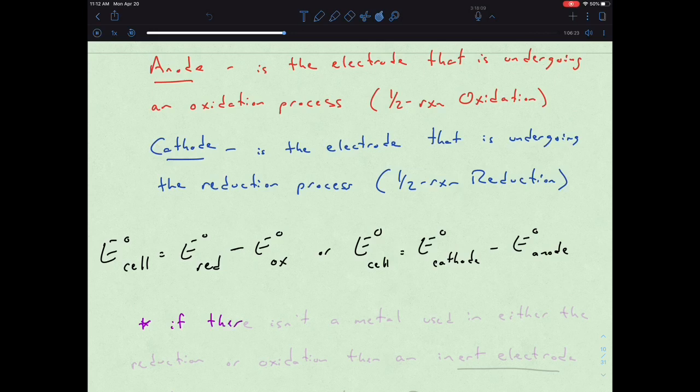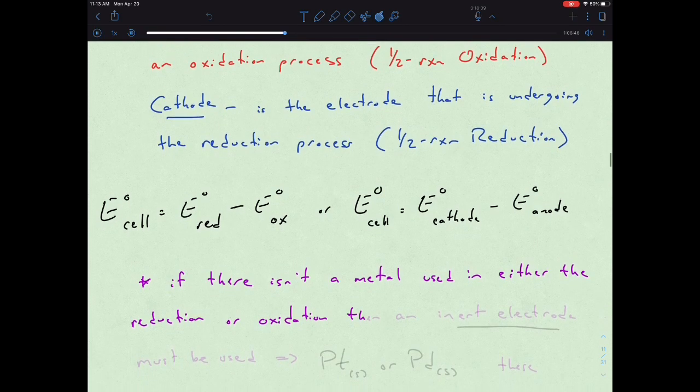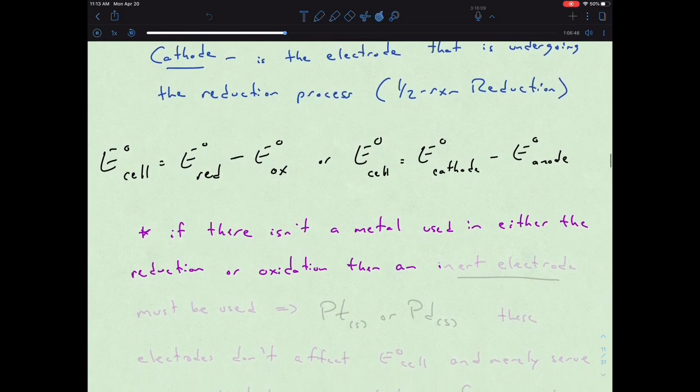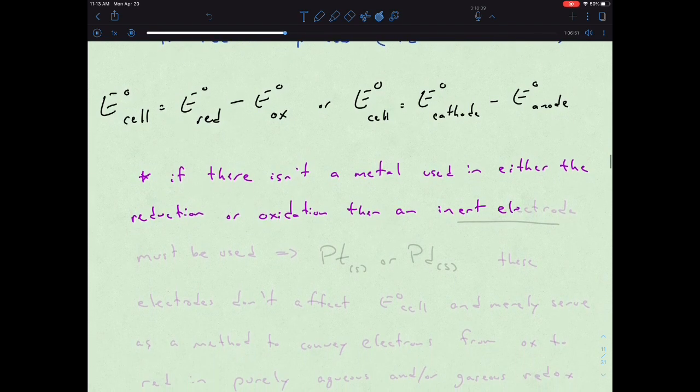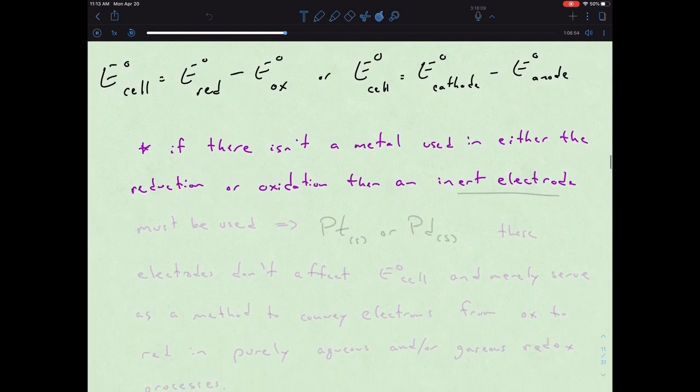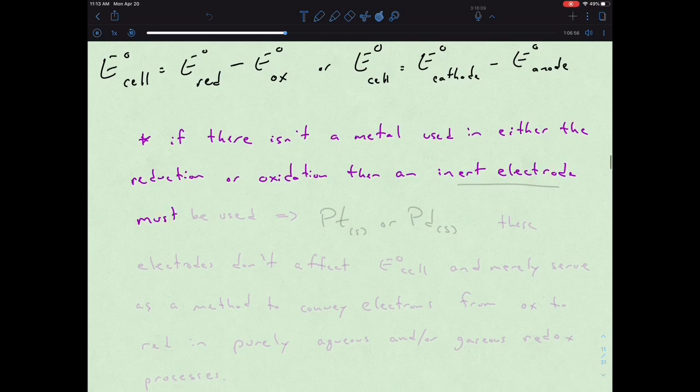If there isn't a metal used in either the reduction or oxidation, then an inert electrode must be used.